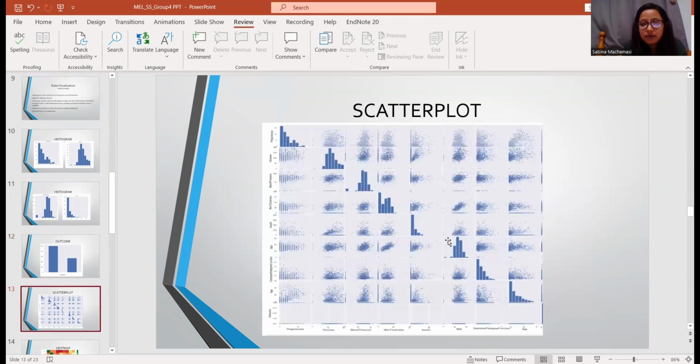If we see the scatter plot, we can see a linear positive correlation as it follows a linear shape, a single linear line. If we see the correlation between glucose and insulin, it shows a positive linear correlation as it follows a single linear line. It says that if the glucose level increases, the insulin also increases.